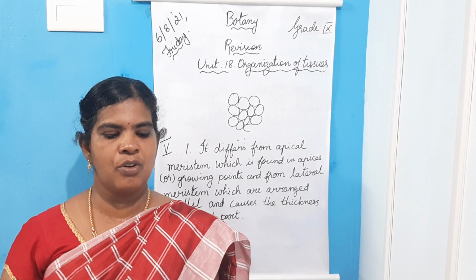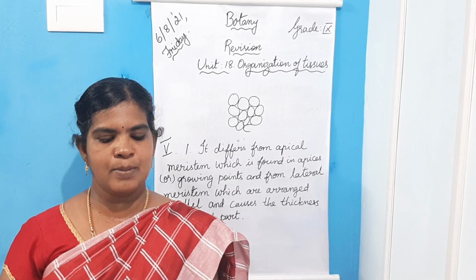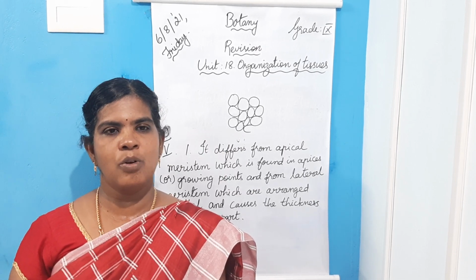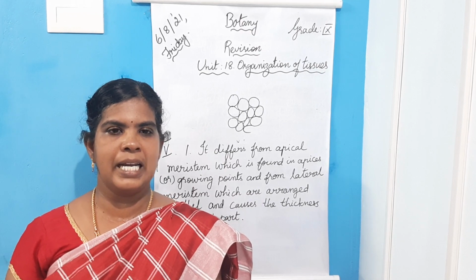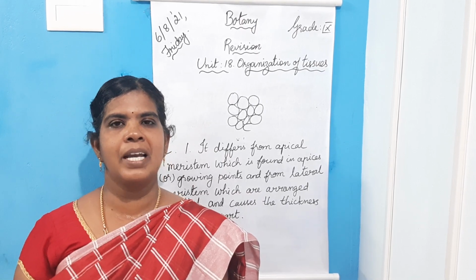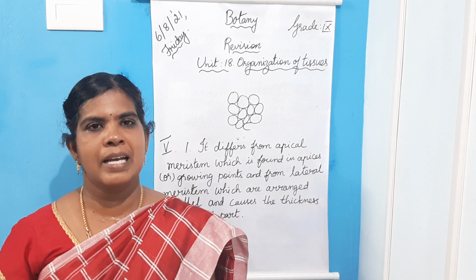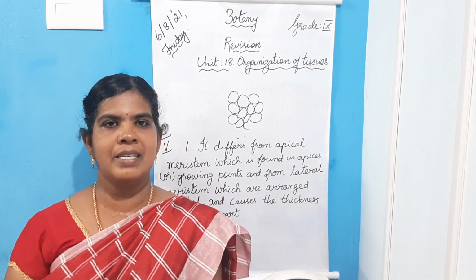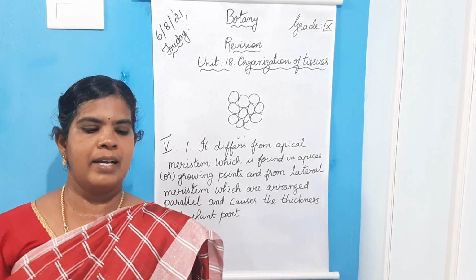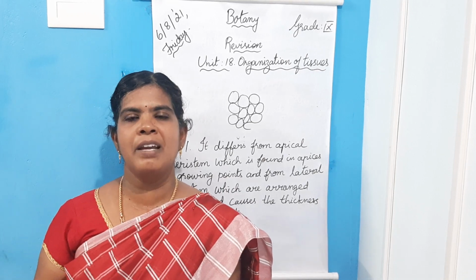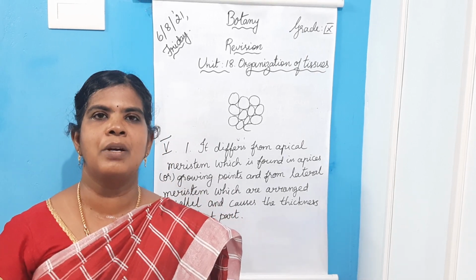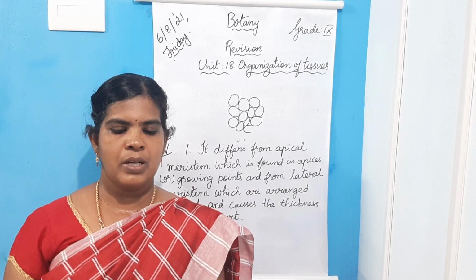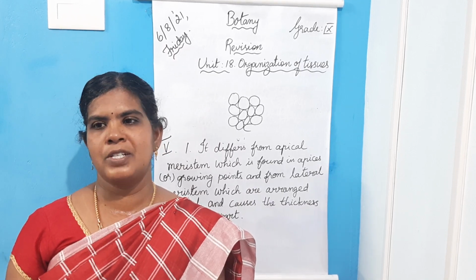The main function is to transport water and also to provide mechanical strength. Okay. Next component, xylem parenchyma. These are living and thin-walled cells. The main function of xylem parenchyma is to store starch and fatty substances.